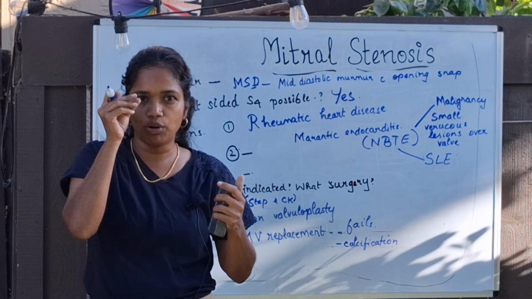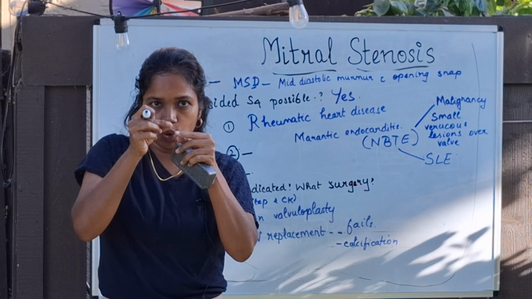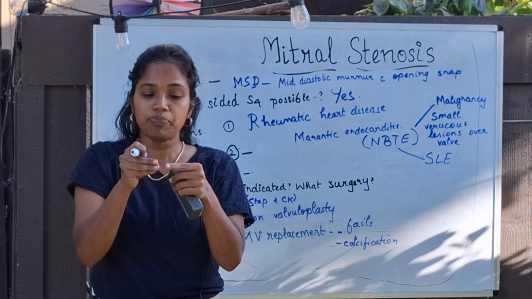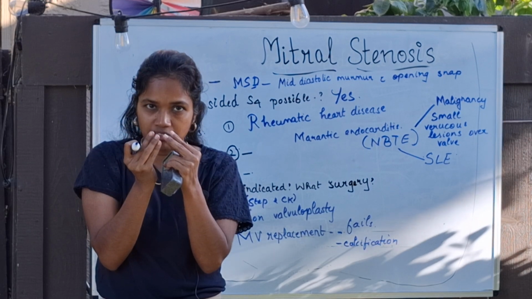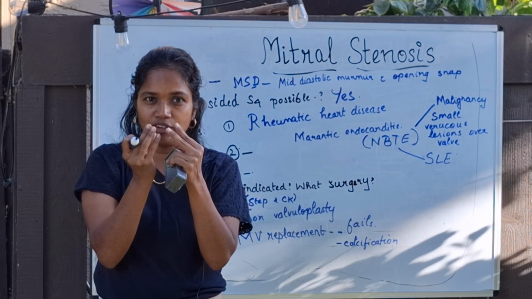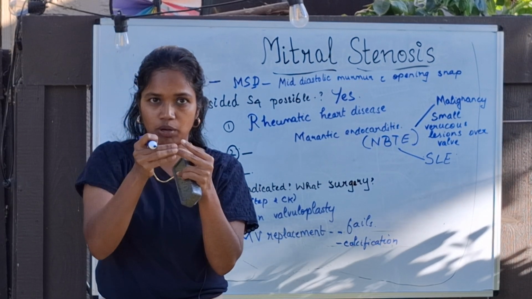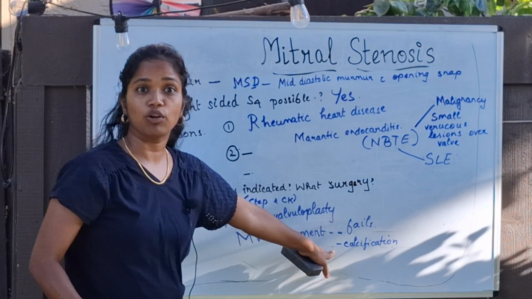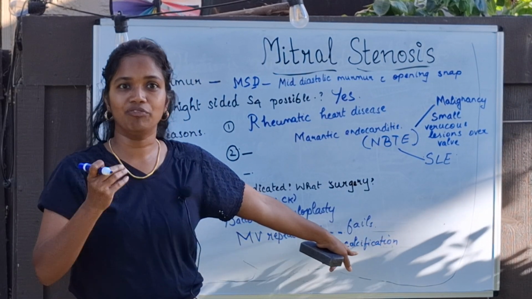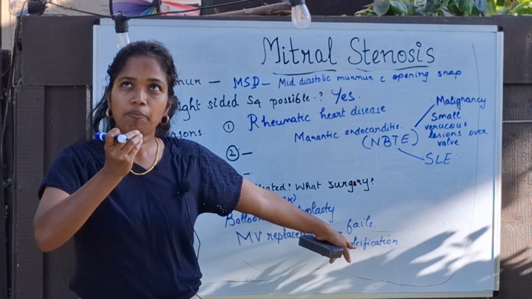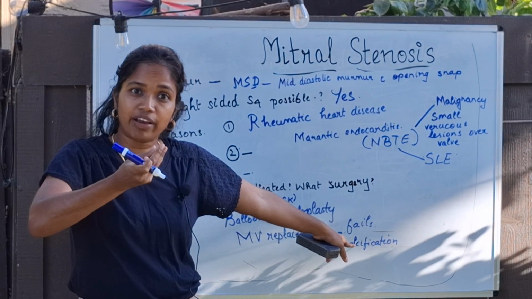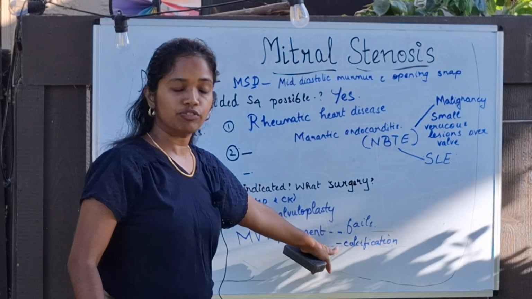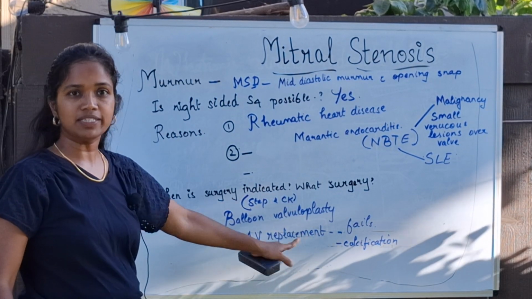They will have a small balloon and allow it to enter the mitral area through the left atrium, and they will inflate the balloon and the mitral valve also opens. But if the valve has been calcified already, then that is not possible. We cannot make a calcified valve increase in diameter, right? So when the valve has undergone calcification, then mitral valve replacement is the choice.